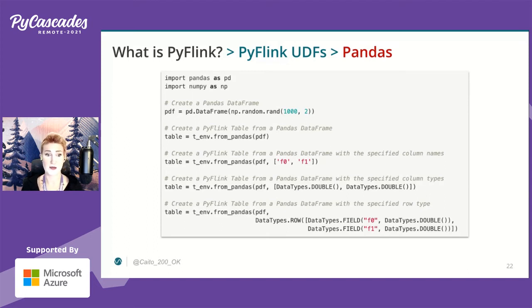Additionally, the way Pandas was integrated into PyFlink significantly improved serialization and deserialization performance, particularly for vectorized functions, and it enabled a much smoother integration with other Python libraries like NumPy. This is partially possible due to Apache Arrow under the hood, which transfers batches of rows going between the JVM and the PyVM in a columnar format instead of going row by row, which is where you'd get that high serialization and deserialization overhead.